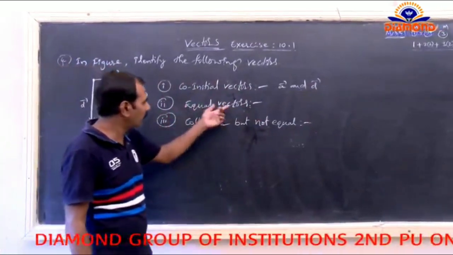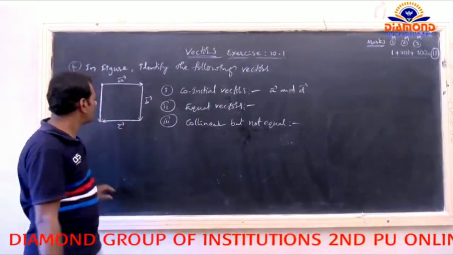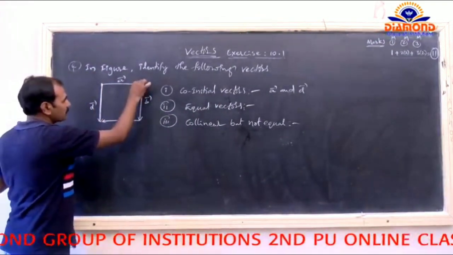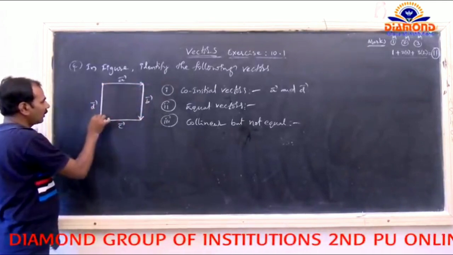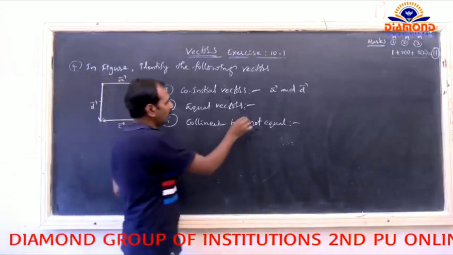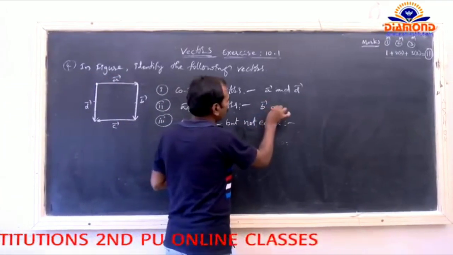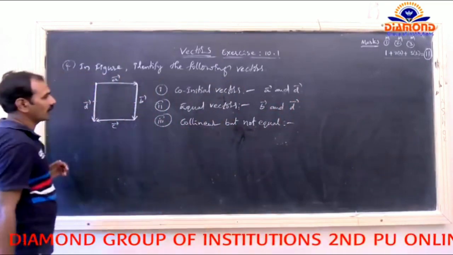Right? Next, equal vectors. Equal vectors means same magnitude and same direction. Same magnitude and same direction means this B vector same direction and D vector same direction and magnitude also same. So that's why B vector and D vector. Next, collinear but not equal.